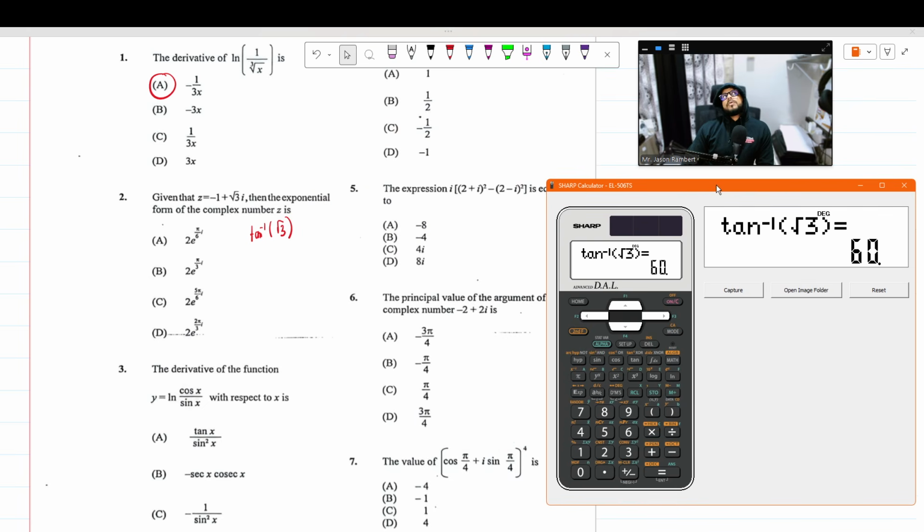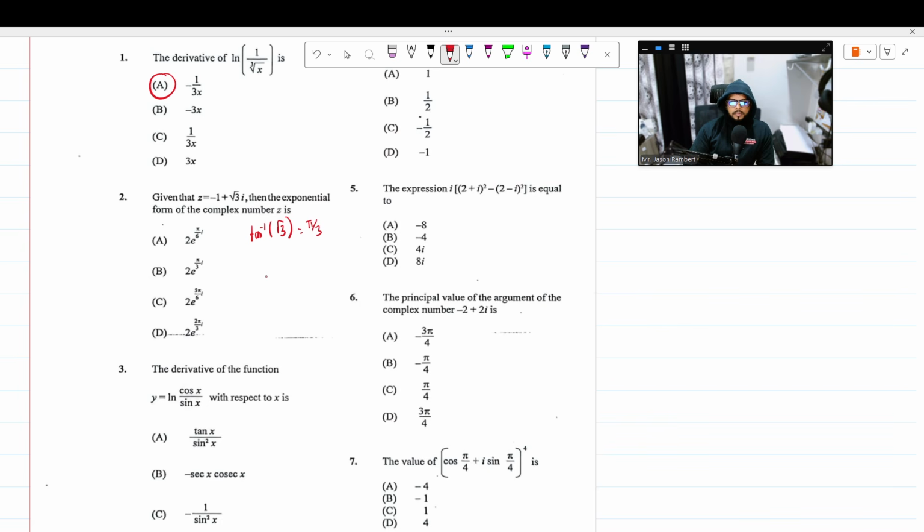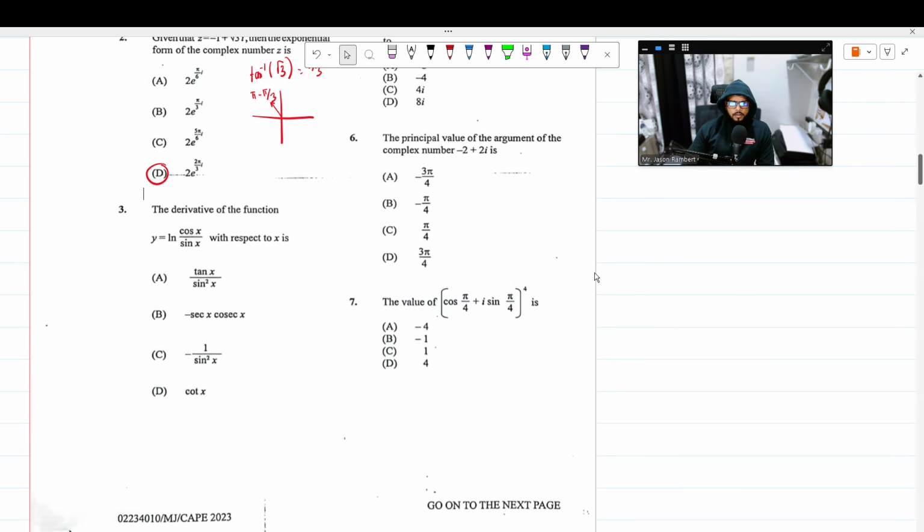That is pi on 3. And this complex number, minus 1 plus root 3 i, is over here. So it's pi minus pi on 3, which is 2 pi on 3. The answer is D.